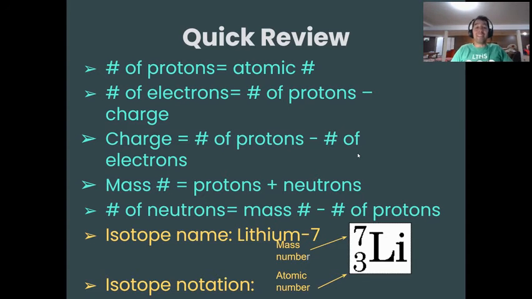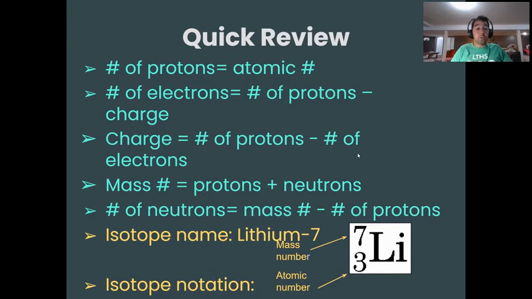Now, to find the number of electrons, you first find the number of protons, which again is the atomic number. Then you subtract the charge from that. So if the charge is -1 and your atomic number, or number of protons, is 7, then you take protons minus -1, which is going to be 8, and that's how many electrons you have.